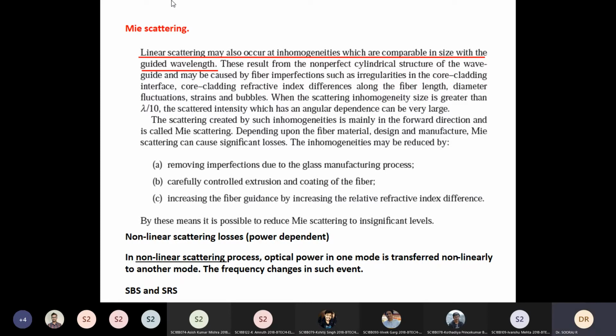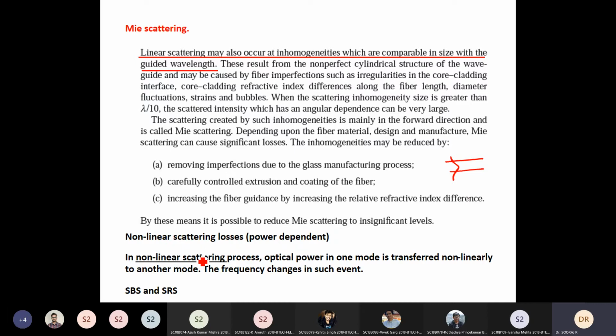Now you can also have a nonlinear scattering process where the frequency changes. If you are talking about an optical fiber, there is always a mode, and because of this scattering process, the power in one mode gets non-linearly transferred to another mode. In other words, the frequency changes. Such a scattering process is called a non-linear scattering process, and there are two examples I can give you.